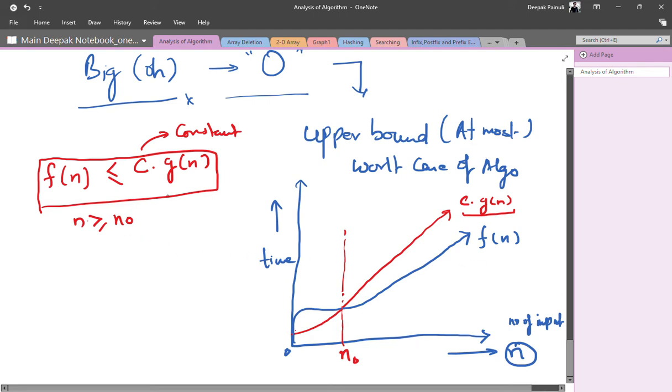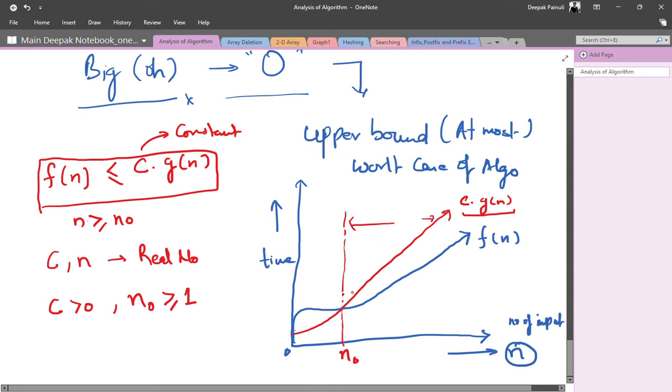Right guys, that's what we are going to prove. c and n0 will be real numbers, and c will always be greater than 0, and n0 will be greater than or equal to 1, because 1 is the minimum unit of input we can have in any algorithm.